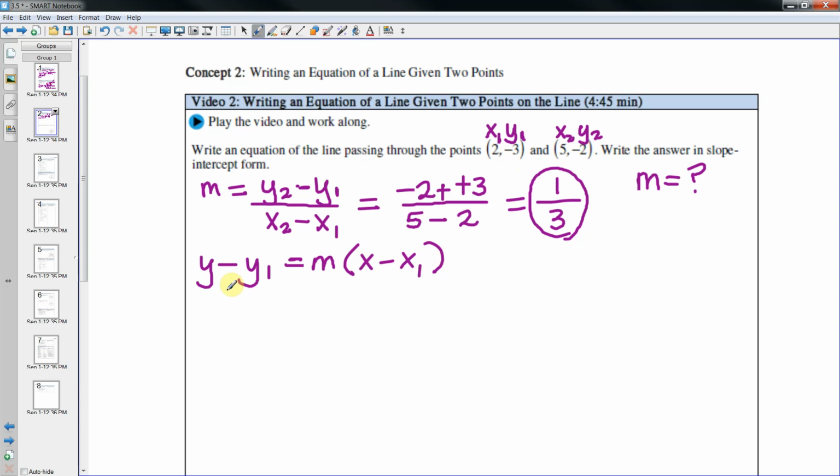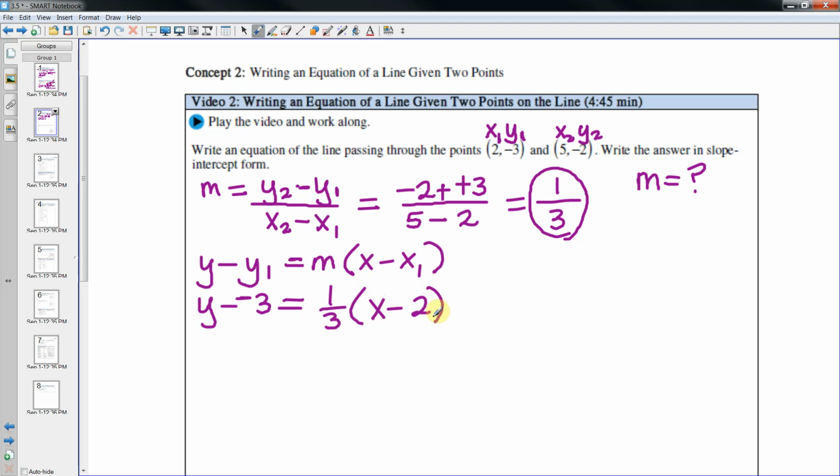But again, it does not matter. You can pick either one. Whichever one looks easier to you, use that point to plug into this formula. So y minus a negative 3 equals, I have a number for m, so I don't need to put an m there. My m is 1/3, and then x minus 2.